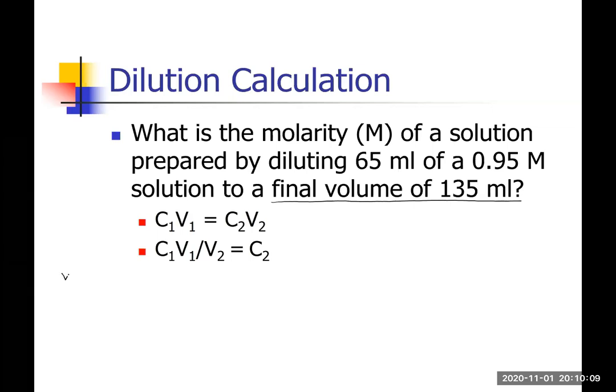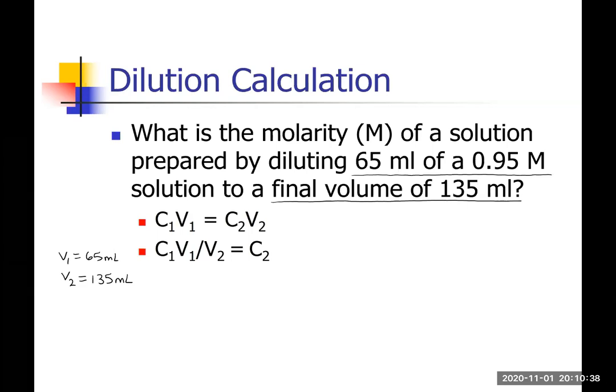I can say, okay, V2 I know is 135 mils. So that means that V1 has to be the 65 mils. And if V1 is 65 mils, that's 65 mils of a 0.95 molar solution.